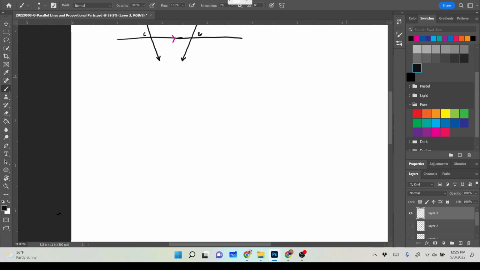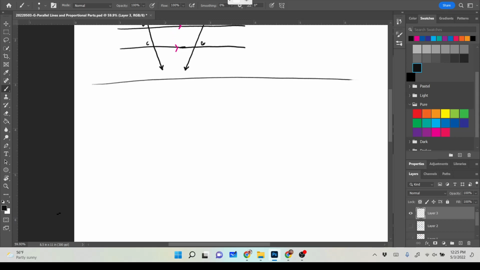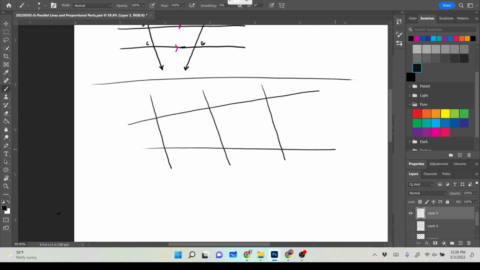We're going to do a problem where it's find X and Y. And this is what our shape is going to look like. This is 6x minus 5.